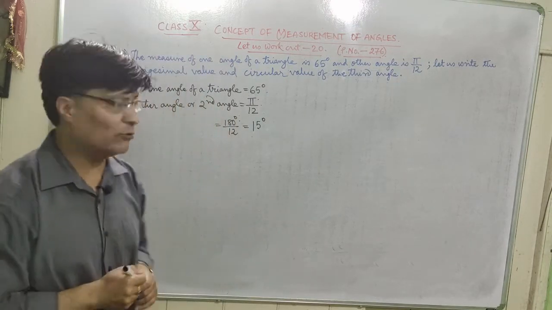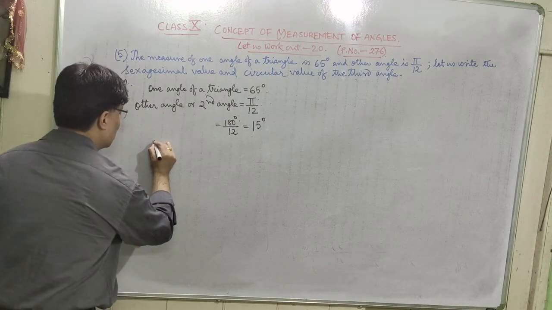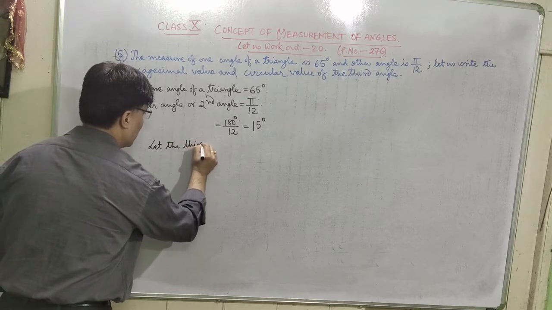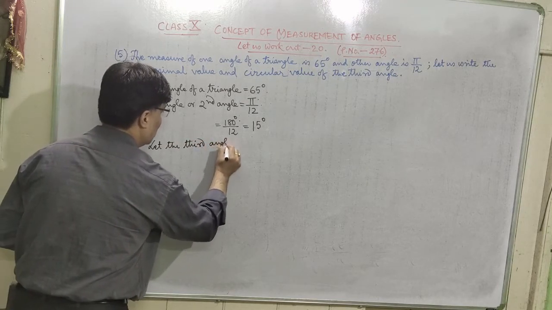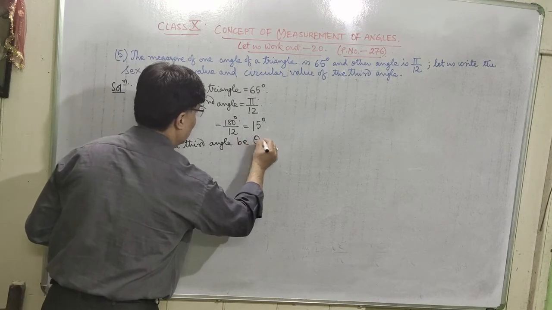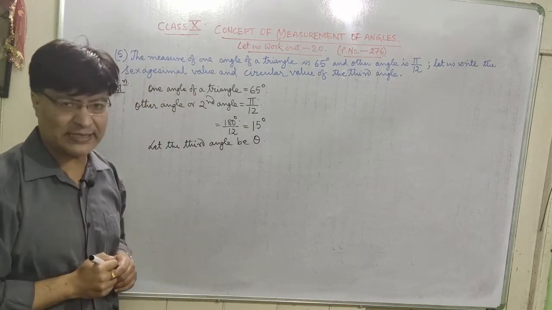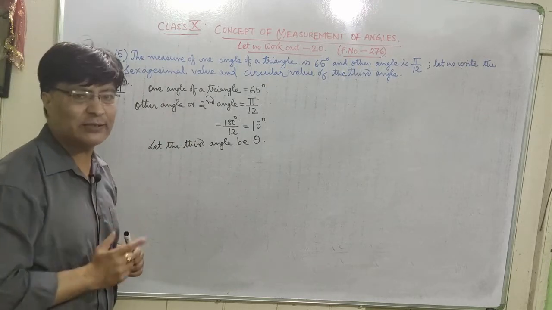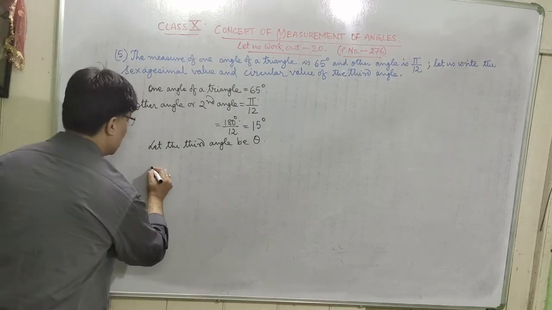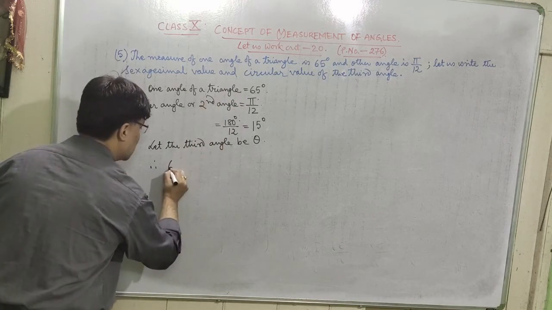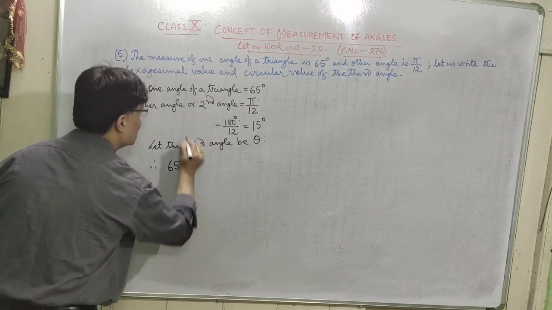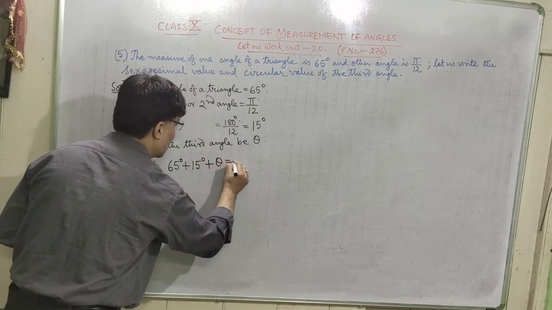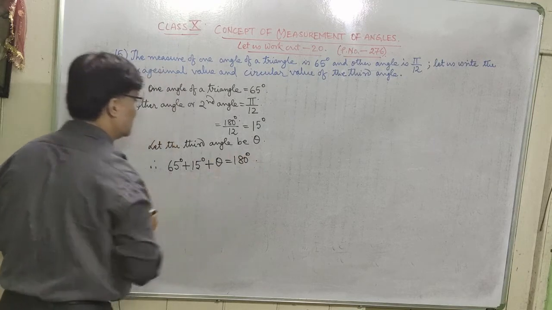You have to find out the third angle in terms of both sexagesimal value and circular value. Now let us write down here, let the third angle be theta. And you know that the sum of the three angles of a triangle is 180 degree in terms of sexagesimal system. Therefore, one angle is 65 degree, the second angle is 15 degree, plus the third angle theta, which is equal to 180 degree.